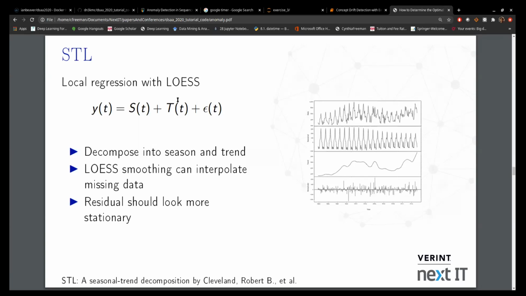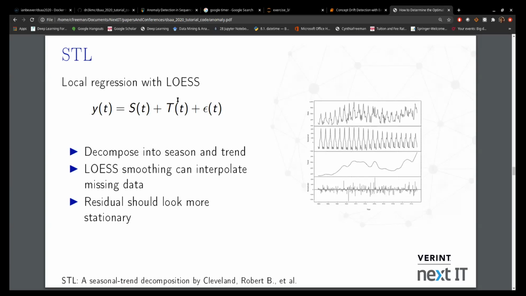And STL divides the signal into these subseries based on a specified periodicity and iteratively updates estimates of the season, trend, and remainder. So for example, if there's yearly seasonality and the time series has monthly time steps, there will be 12 cycle subseries where all January time steps form one series, all February time steps form another series, and so on and so forth.